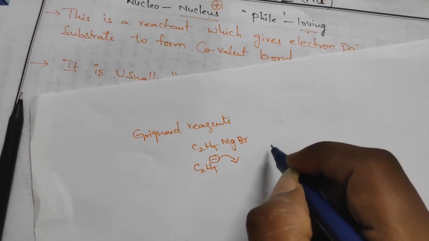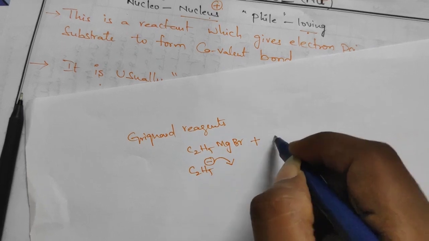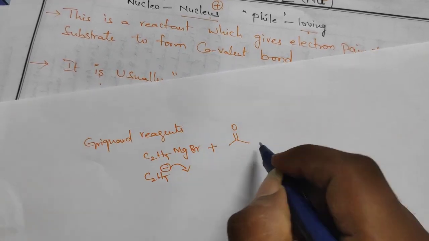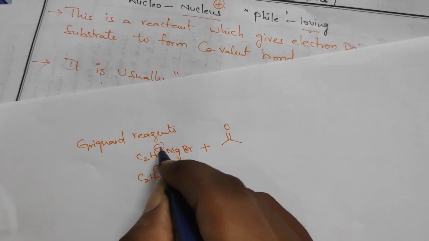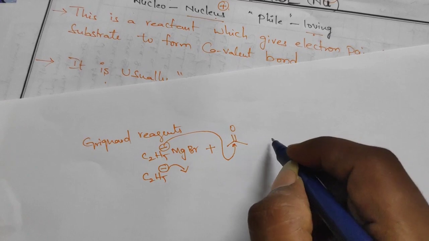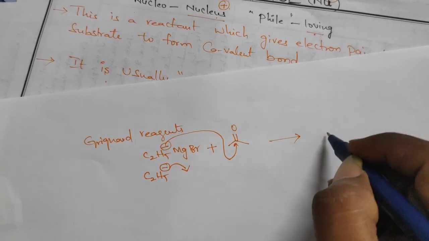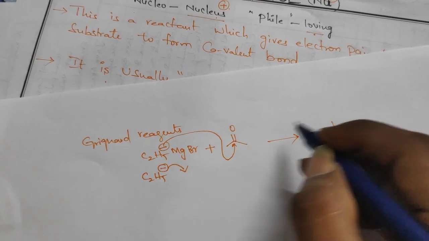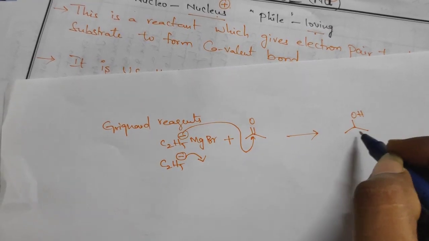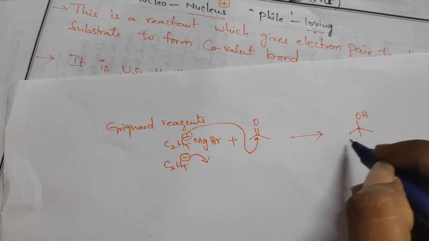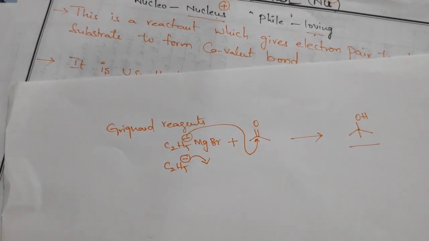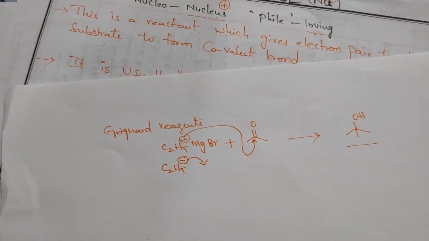For example, it reacts with a carbonyl. This nucleophile attacks the electrophilic position and forms the corresponding product. So this is the story of nucleophiles.